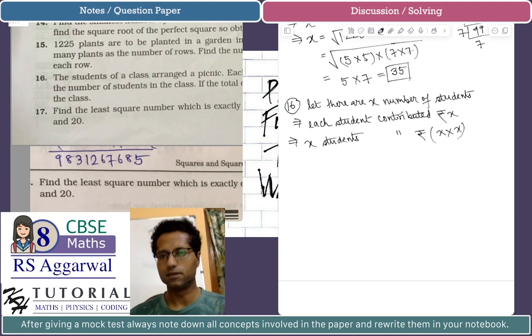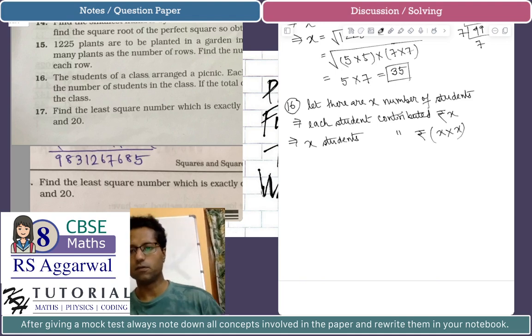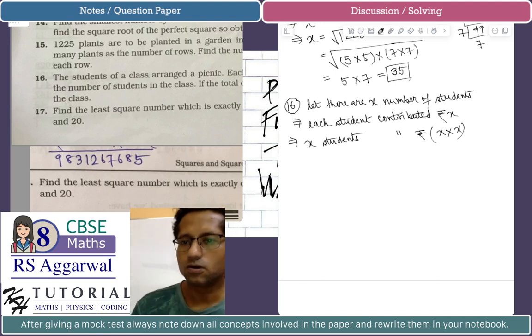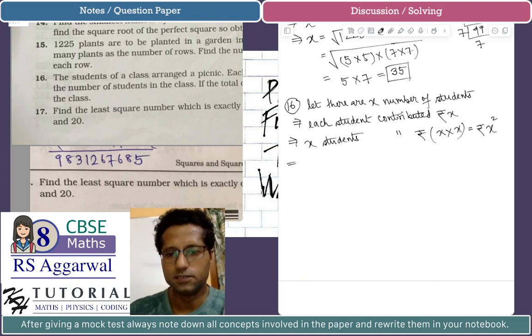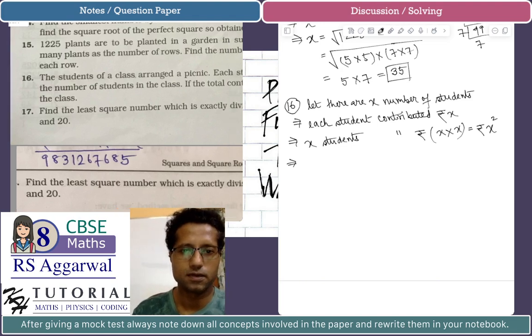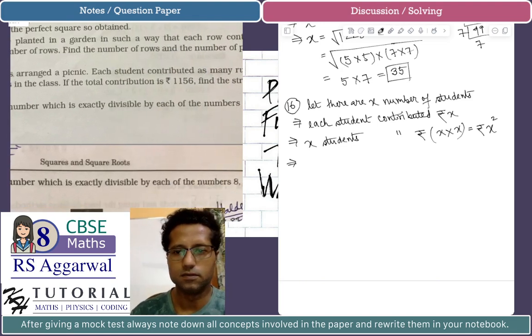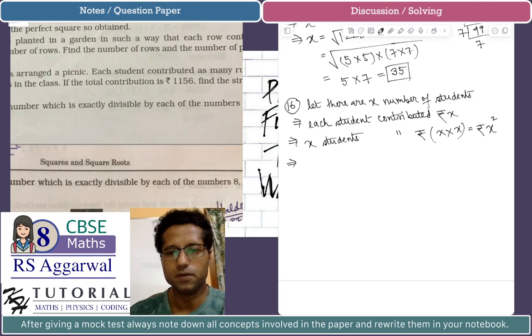Using the unitary method, we can say that if one student contributed rupees x, then x students contributed rupees x into x, that is rupees x square. It is given that the total contribution of the class was rupees 1156.